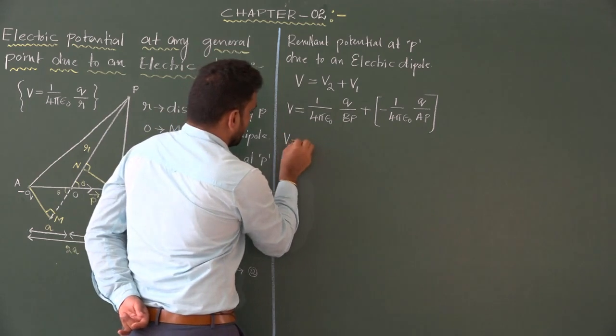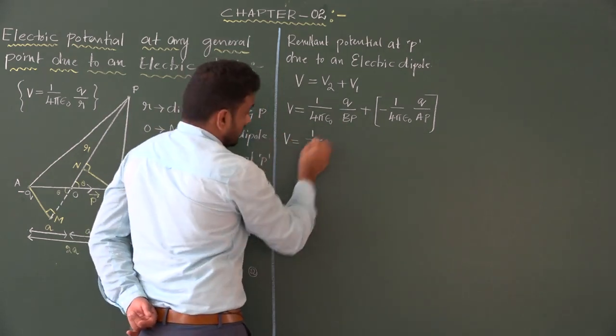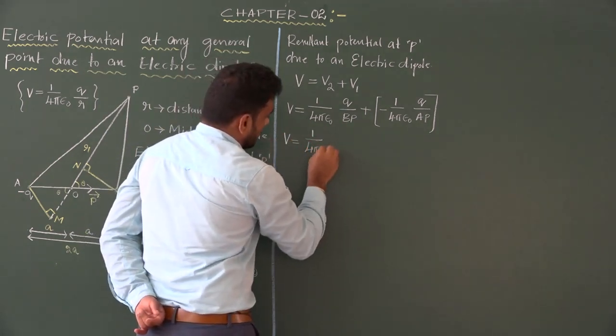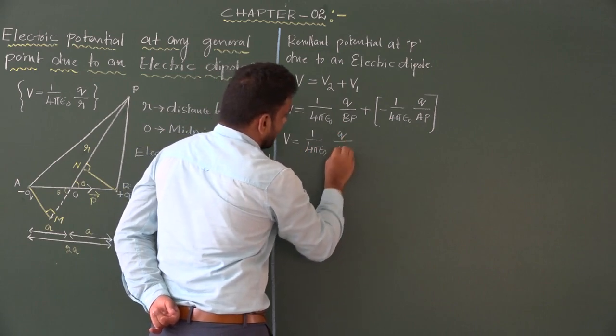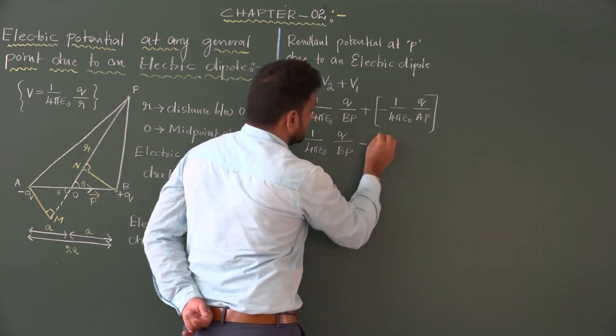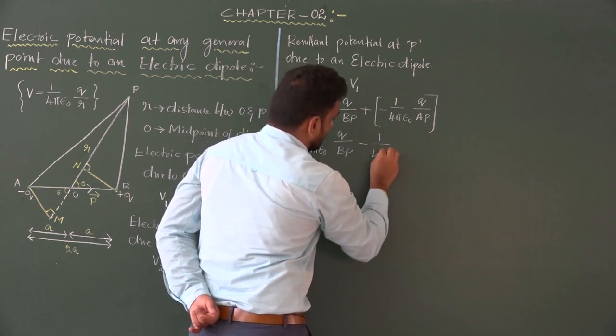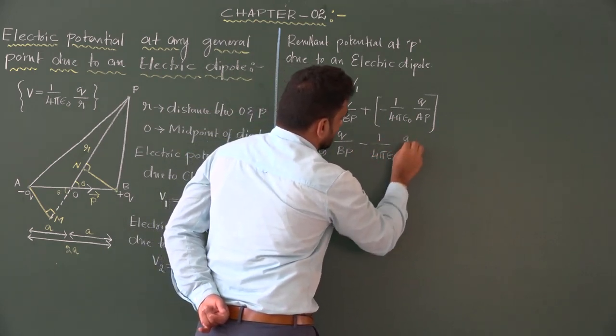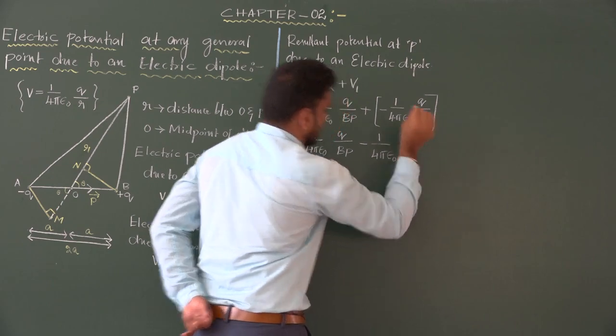It becomes V is equal to 1 over 4 pi epsilon naught Q divided by BP plus into minus 1 over 4 pi epsilon naught Q divided by AP.